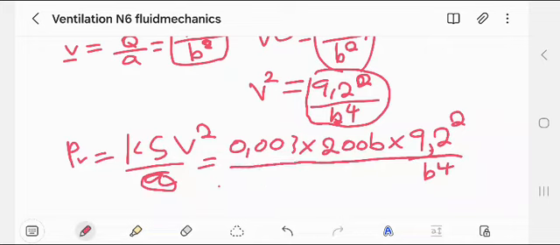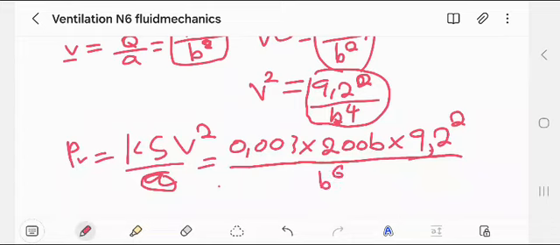If you know your math, area is b squared. These two will multiply, will be what, b to the power of 6. The b's are the same, we add the exponent, b to the power of 6. So you can replace this here, on the denominator we can have b to the power of 6.